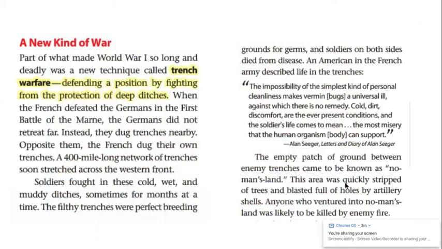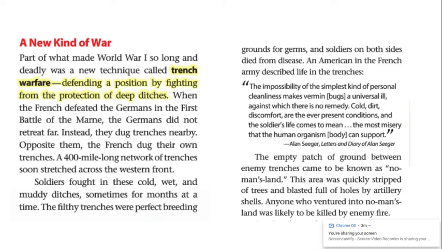Soldiers fought in these cold, wet, and muddy ditches, sometimes for months at a time. The filthy trenches were perfect breeding grounds for germs, and soldiers on both sides died from disease. An American in the French army described life in the trenches. The impossibility of the simplest kind of personal cleanliness makes vermin a universal ill, against which there is no remedy.